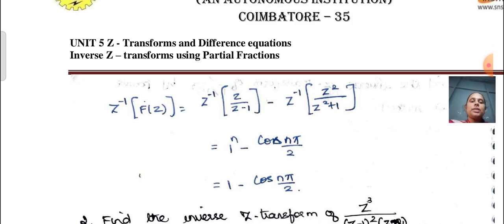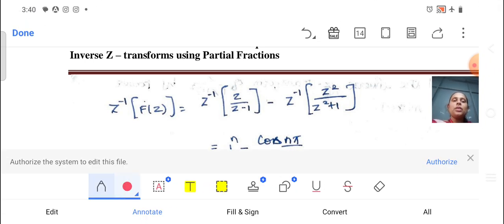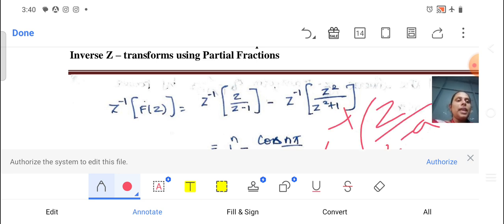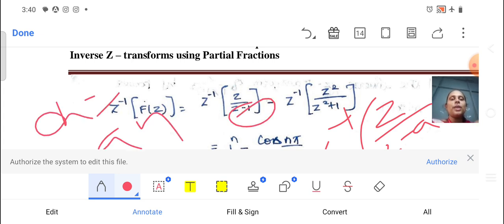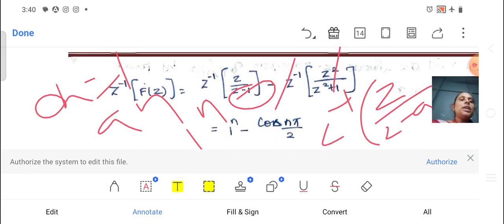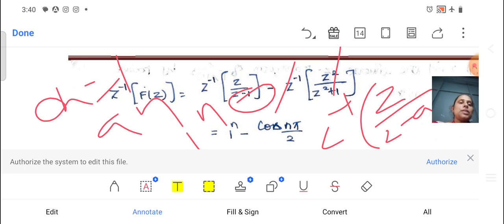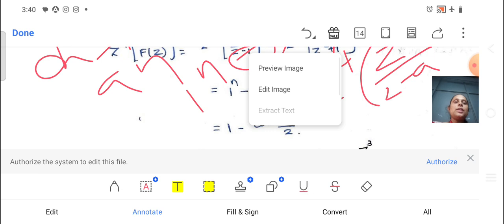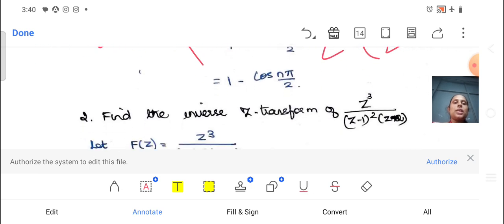The formula is: Z inverse of z divided by (z − a) is a to the power n. Here a is 1, so 1 to the power n. Also, using z² divided by (z² + 1), which gives cos(nπ/2), the answer is 1 minus cos(nπ/2).